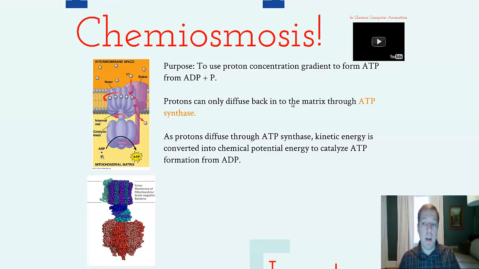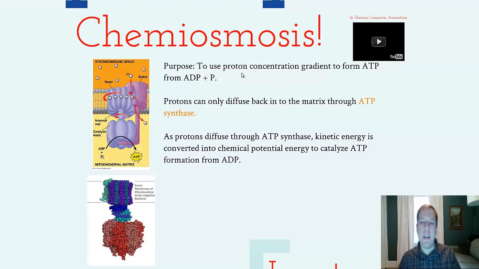ATP production is going to happen through an important membrane-bound enzyme called ATP synthase. It is synthesizing ATP. The way that it does that is by utilizing the proton concentration gradient that was formed from the electron transport chain.